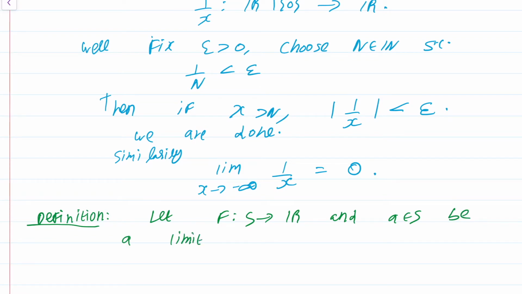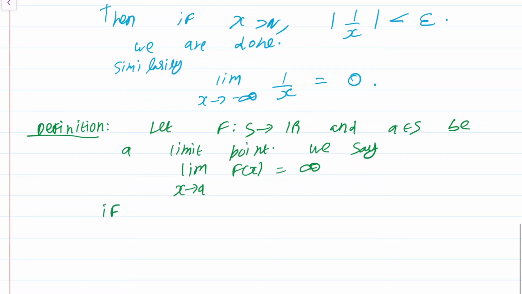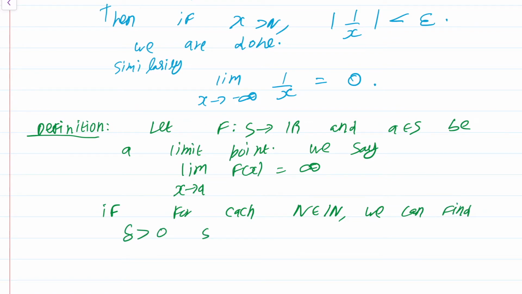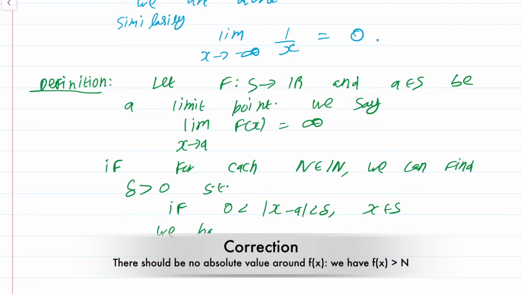We say limit x going to a of f of x equals plus infinity if for each n in N we can find delta greater than 0 such that if 0 less than |x minus a| less than delta and x comes from S, we have |f(x)| is greater than n.